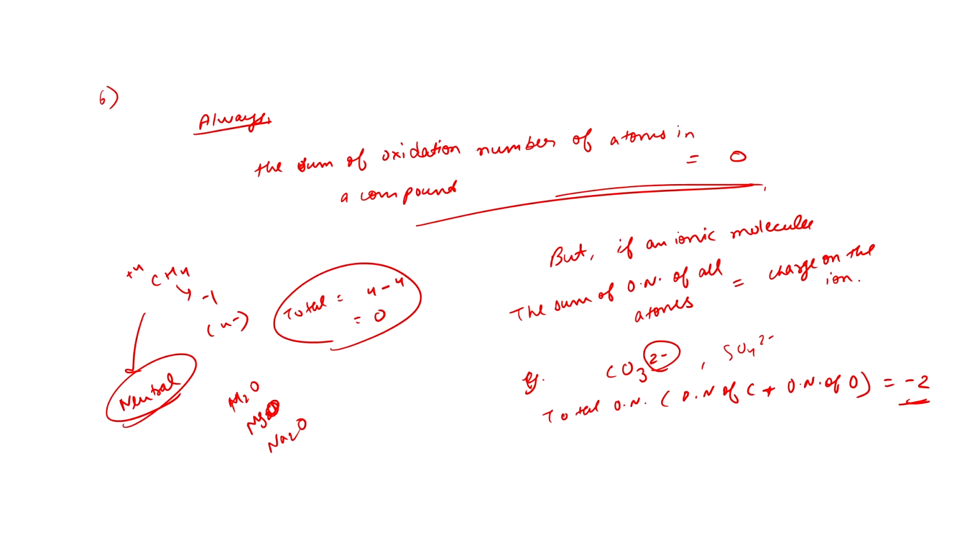Okay. Just to revise all the things, first I have discussed that for any element present in a free or uncombined state, the oxidation number is 0. I have discussed the case of hydrogen, H2, Cl2, Br2, Na, Mg, not combined with anything, the oxidation number is 0. The second rule I have discussed is for the ions, the oxidation number of the ion is the same as the charge on the ion.